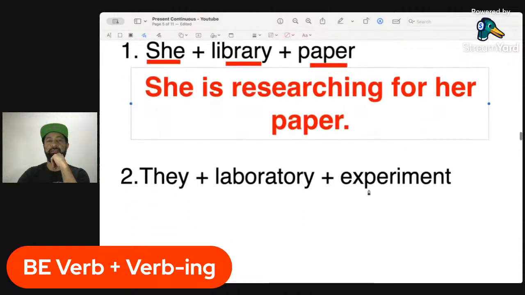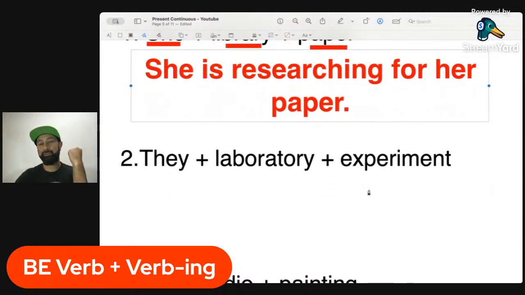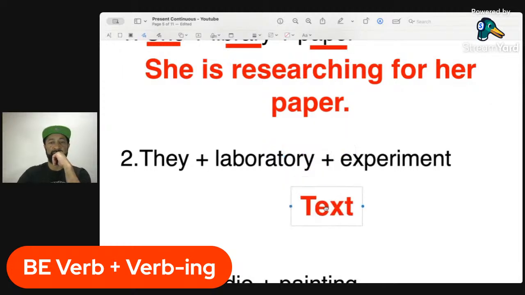Okay. Let's look at number 2. They, laboratory and experiment. What sentence could you make with this information? All right, so the key words here are laboratory and experiment. Experiment is the noun, so I need to have a verb that matches experiment.